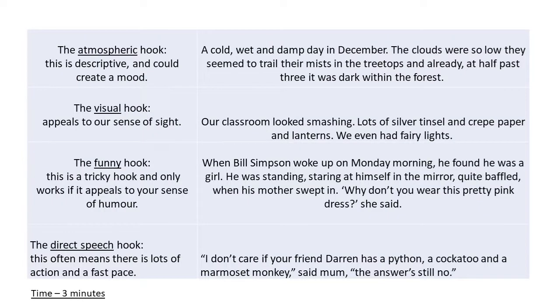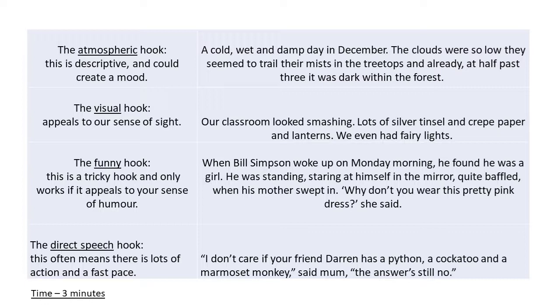Then the atmospheric hook. "A cold, wet and damp day in December. The clouds were so low they seemed to trail their mists in the treetops, and already, at 3:30, it was dark within the forest." So here we've got a clear description referring to imagery, very detailed and graphic description.